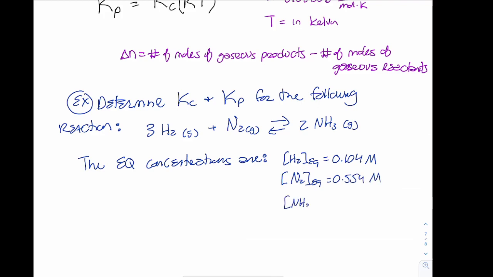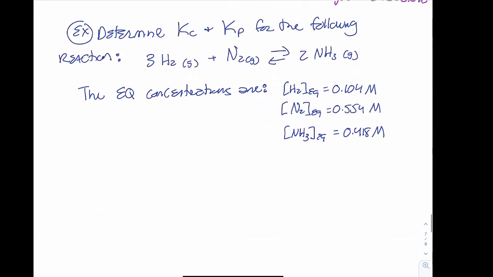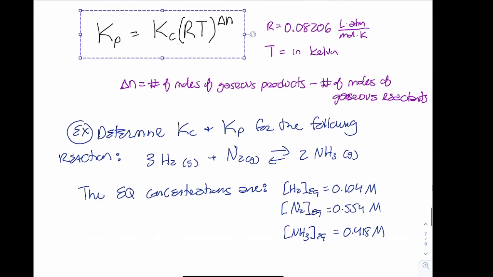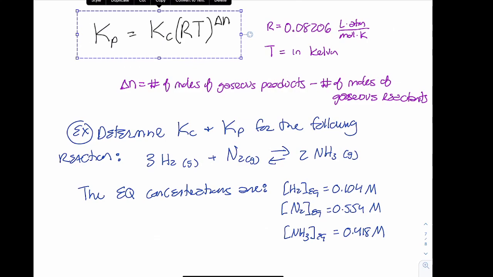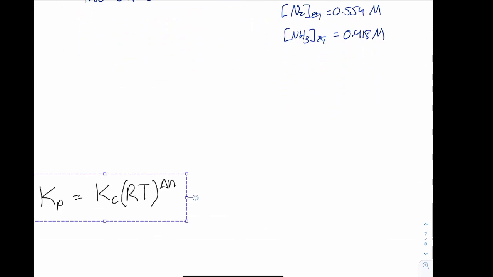And for ammonia, 0.418 molar. And then this is everything we're given. This equation, which we will need, is on your equation sheet. So you would be given everything that I have here in blue plus that equation. In fact, let's just copy that down so we have it on the same screen here. We don't need it for a little bit yet though, so we'll paste it down a little bit lower.